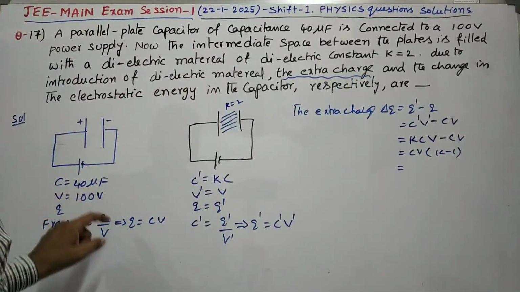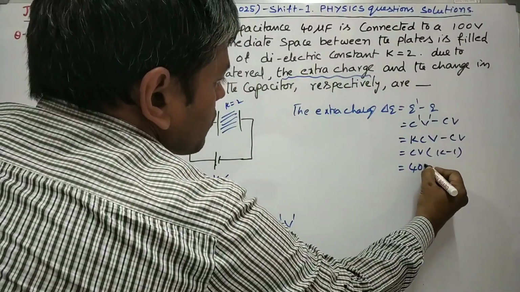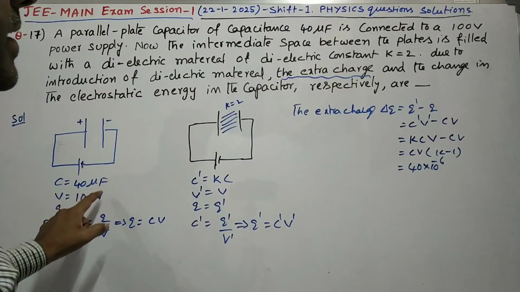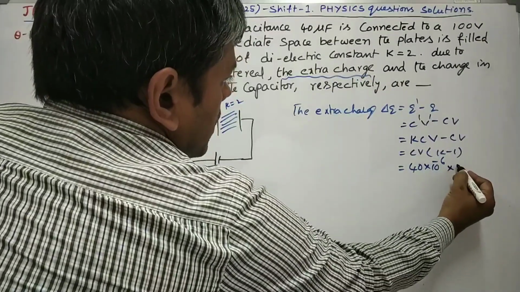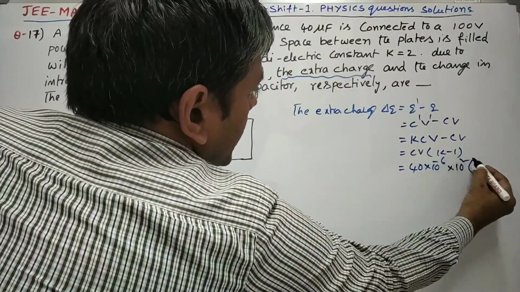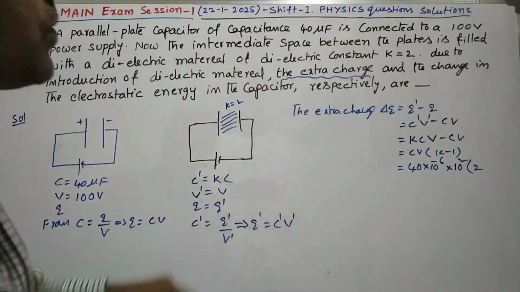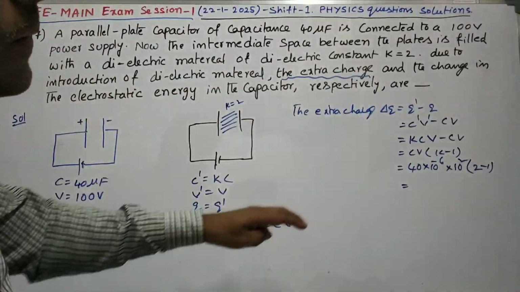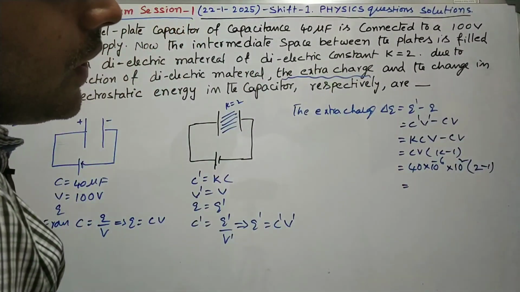C is 40 microfarad, which is 40 into 10 power minus 6, into potential 100, which is 10 square, into K minus 1, that is 2 minus 1. So you can write 400.